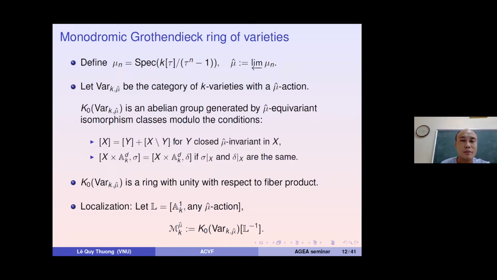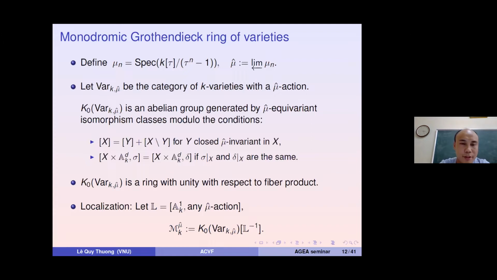and we also consider the Grothendieck ring of this category, similar to the Grothendieck ring of varieties in the non-action version. In this case, you can see the two conditions.